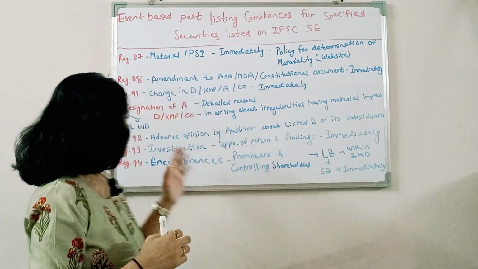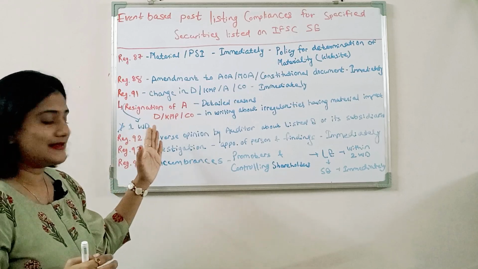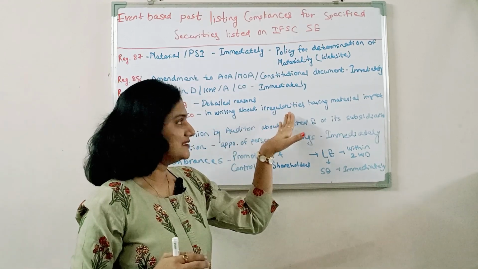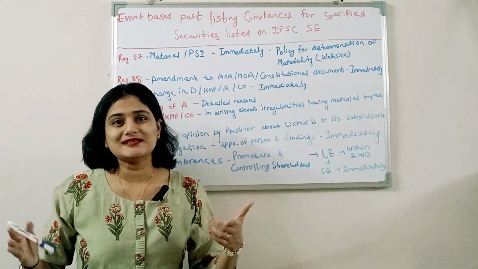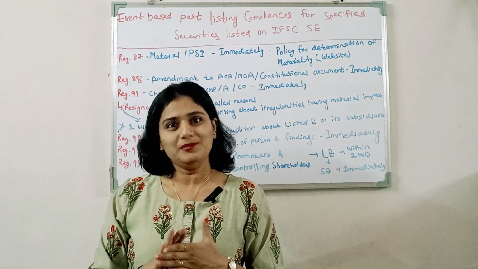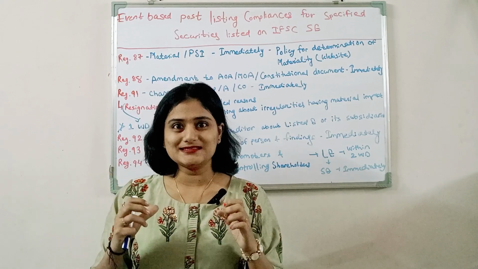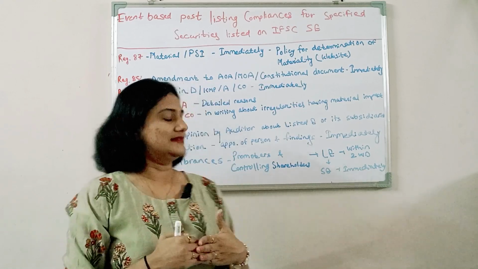So it is the responsibility of the resigning director, KMP and compliance officer to inform the stock exchange about these things. So by informing the stock exchange, the information is available publicly. So the intention is that the public who have interest in such entity can be aware about the things.